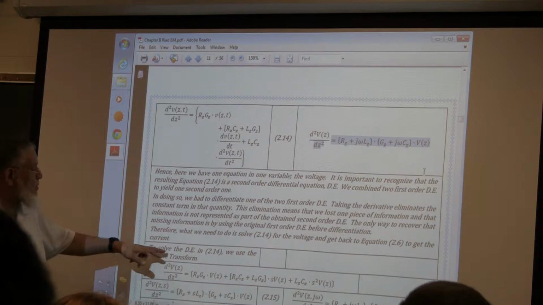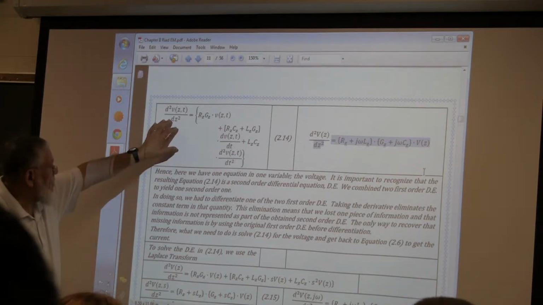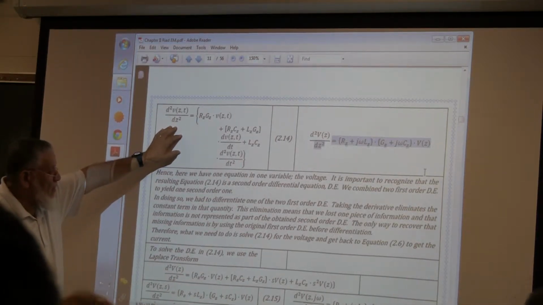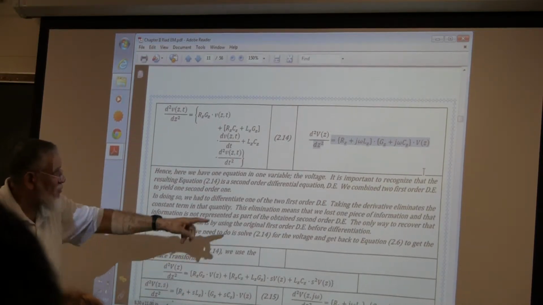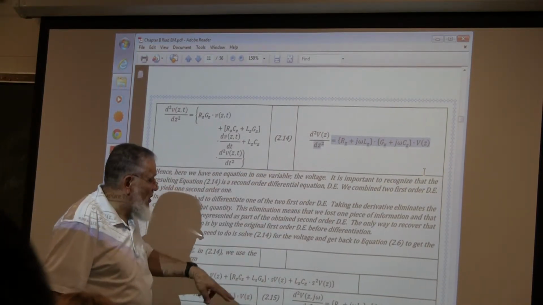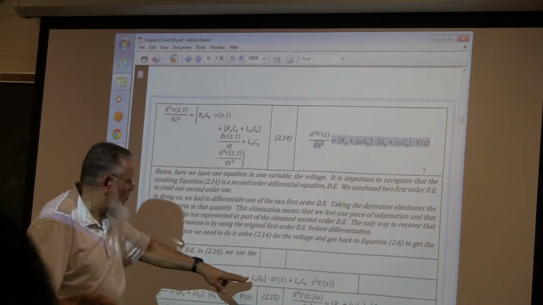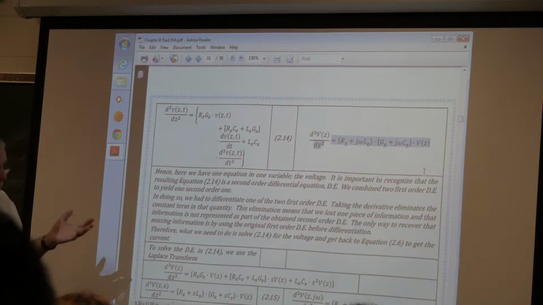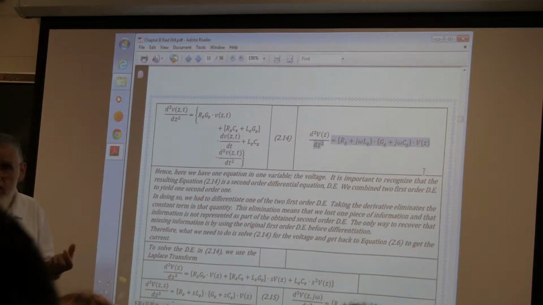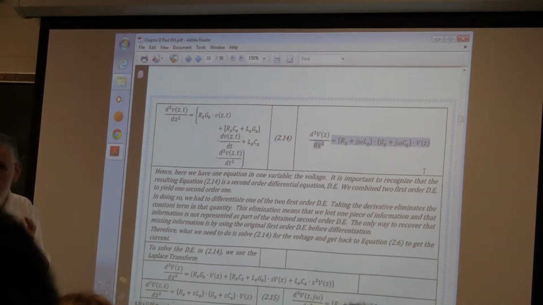So to solve the equation in 214 here, we eventually end up using the Laplace transformation. And if you use the Laplace transformation, you end up with something similar to that, except instead of having j omega, you'll end up with s. And like we mentioned on Monday, the difference between s and j omega is the presence of the sigma term.